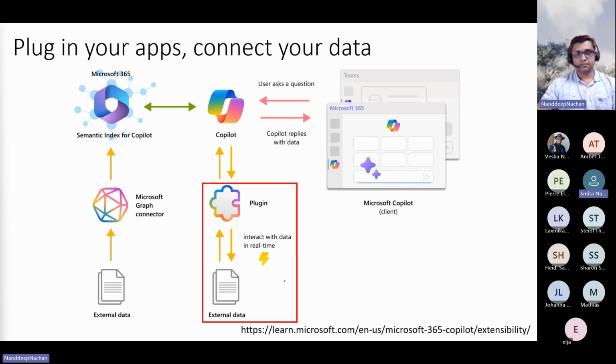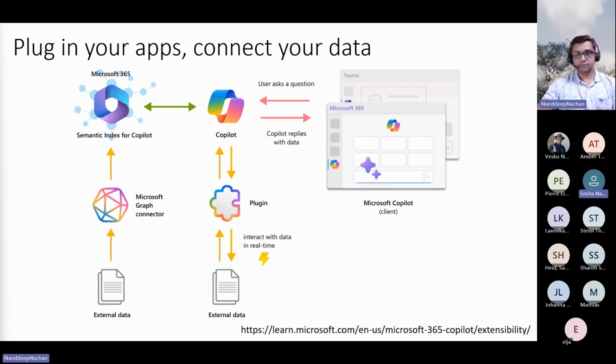With plugins, you can access real-time information such as finding the latest news coverage on a product launch, retrieve relational data such as reporting on service tickets assigned to a given team member, and perform actions across apps like creating a new task in your organization's work tracking system.